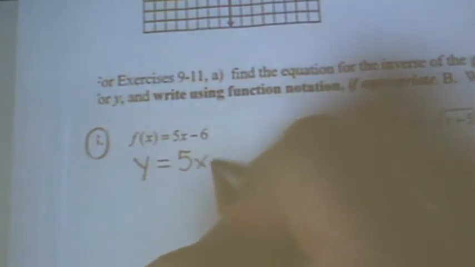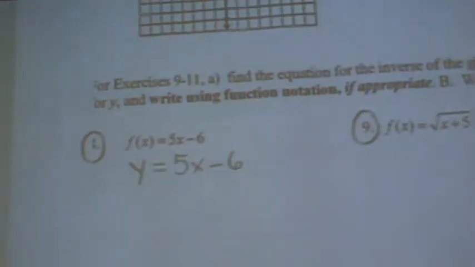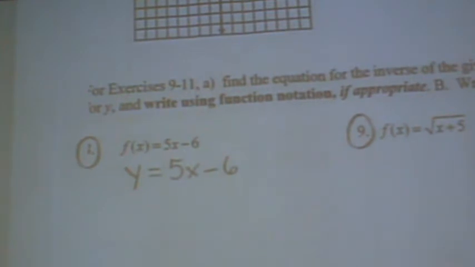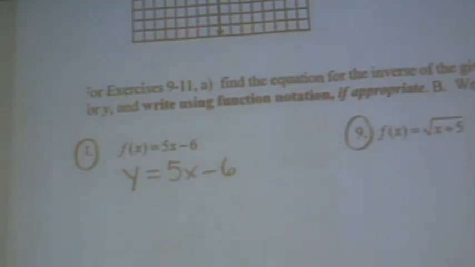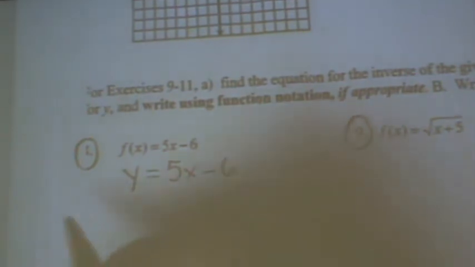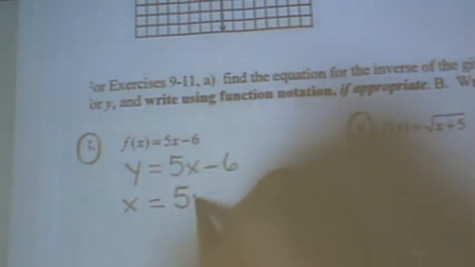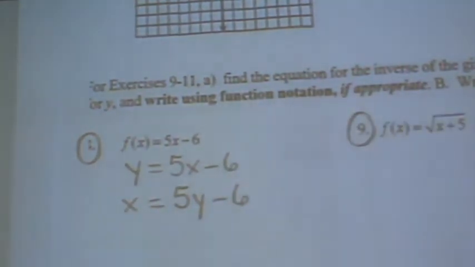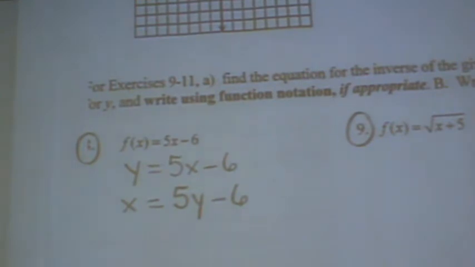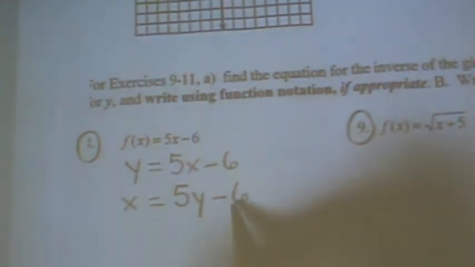Here's y equals 5x minus 6. How do you do inverse? There's two equations on the exam that deal with inverse. What does inverse mean? Switch the x and y. So you got y equals 5x minus 6. What do you do then? Solve for y. So add 6 into 5.